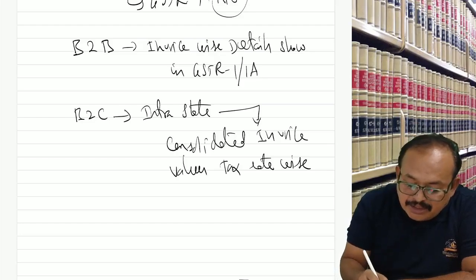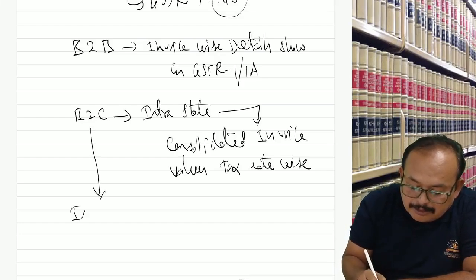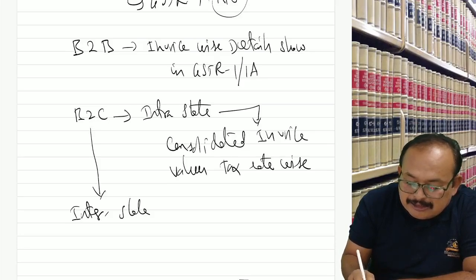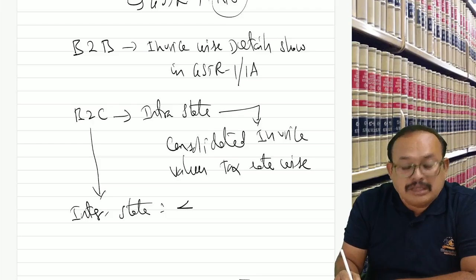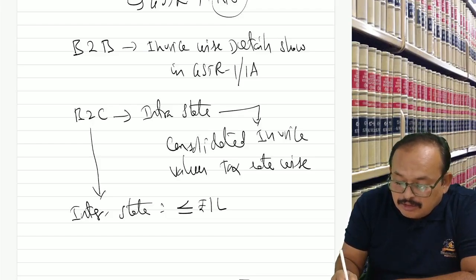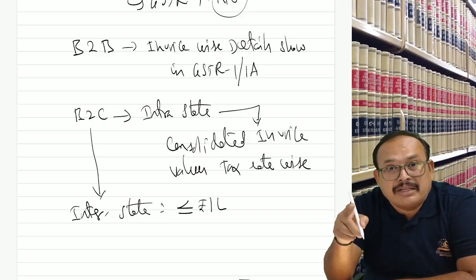If it is B to C interstate, then value less than or equal to 1 lakh is the amendment, earlier 2.5 lakhs.